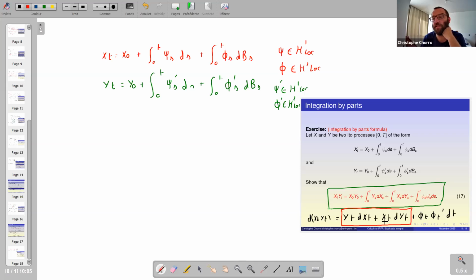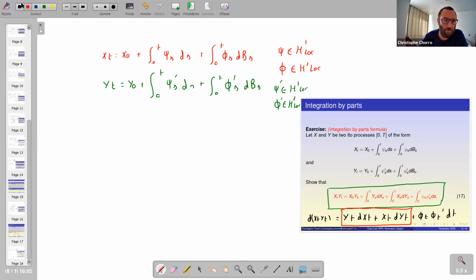And we know that this extra term comes from quadratic variations, in fact. And here I have an extra term that is just the product of the quantities involved in the stochastic integrals for the decomposition of x and the decomposition of y. So it's an important formula to know, the integration by part for generalized Ito processes, that we are going to prove now.